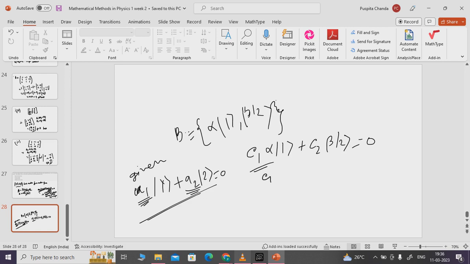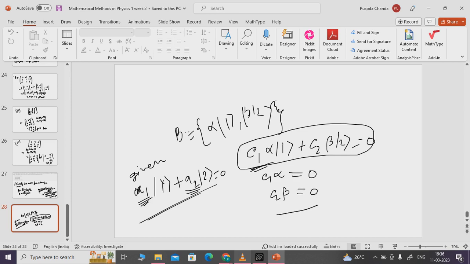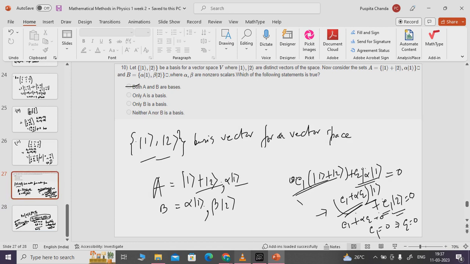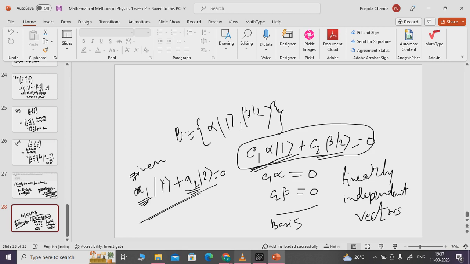If A1 and A2 are arbitrary constants, then C1 alpha and C2 beta are also arbitrary constants. The only way to make this work is C1 alpha equal to 0 and C2 beta equal to 0. So alpha v1 and beta v2 are also linearly independent vectors, so they will form a basis. Here both A and B are bases.